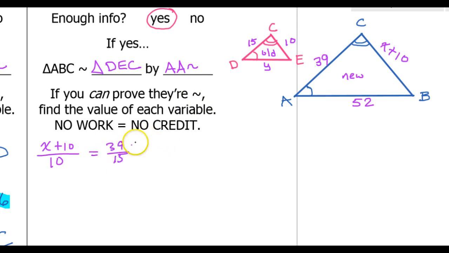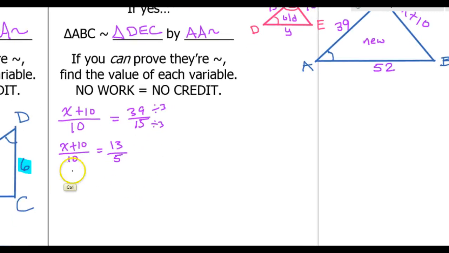Okay, both of these are divisible by 3. So I am going to go ahead and reduce this. So this is going to be 13, and this is 5. So time to cross multiply. So I have to do 5 times x plus 10 is equal to 130.